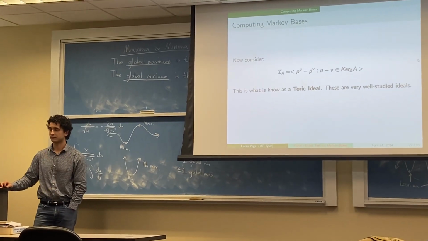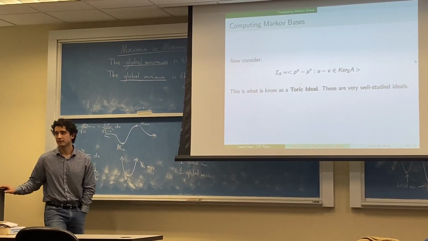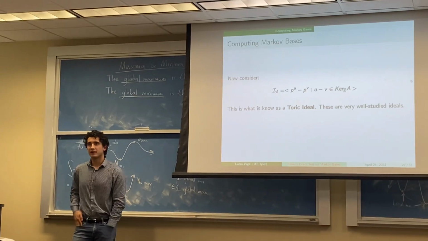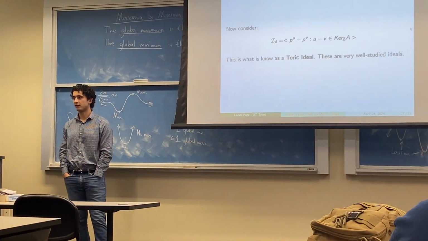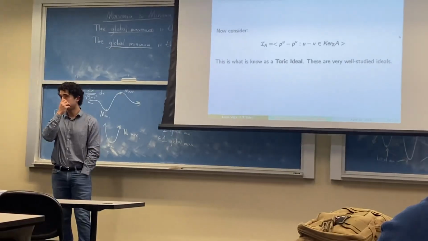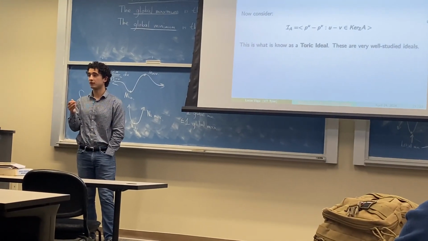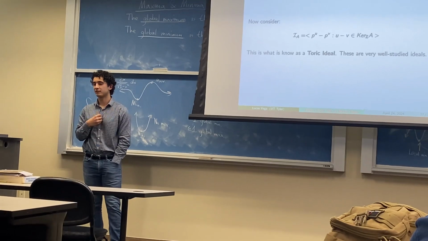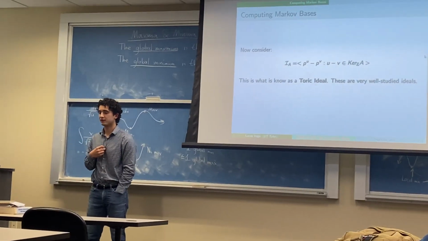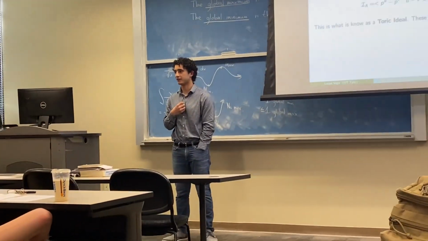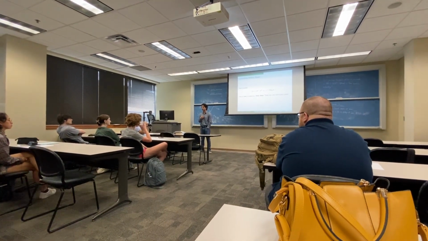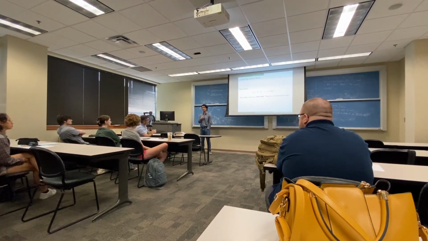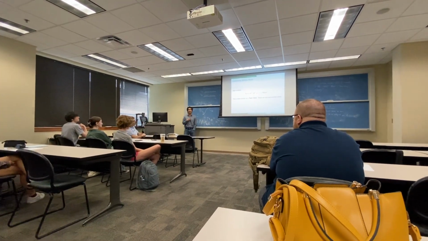Is that what allows us to narrow it down that way? Well, not that in particular, because there's an infinite number of items in the kernel of A, because we're not just considering positive vectors, you could have negative vectors too. What allows us to narrow it down is this result in algebraic geometry called the Hilbert basis theorem. It says an ideal of a polynomial ring always has a finite generating set. Okay. Thank you. Any other questions?